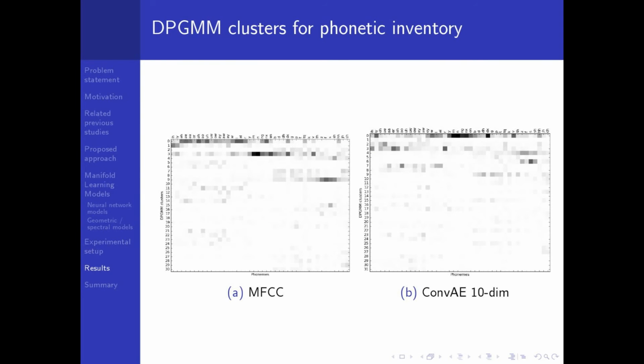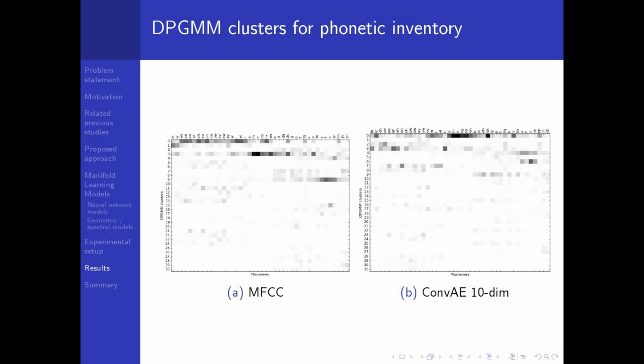We then further apply Dirichlet process Gaussian mixture models to obtain the discrete phonetic inventory in order to get the representations which can be clustered based on the manner of articulation.